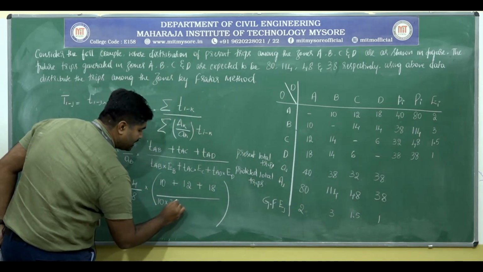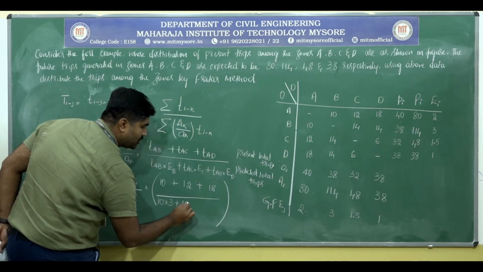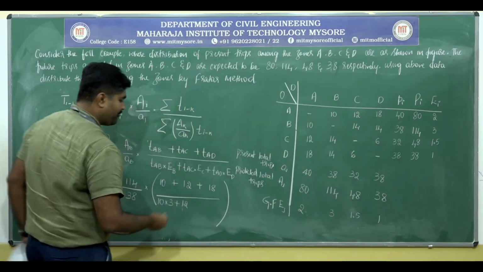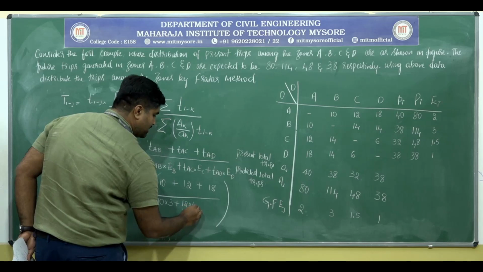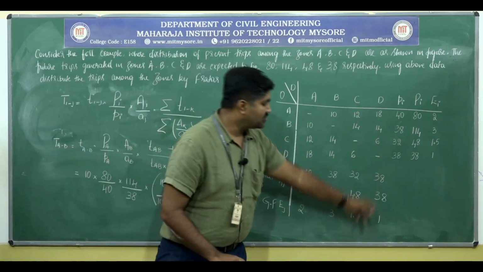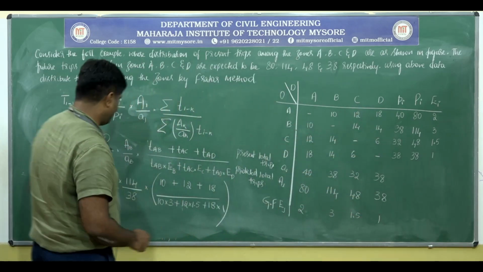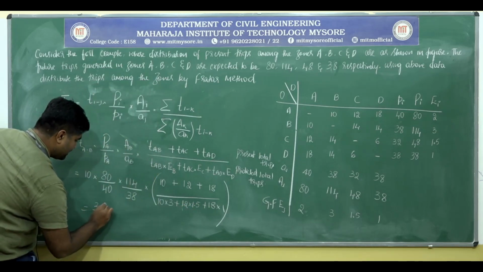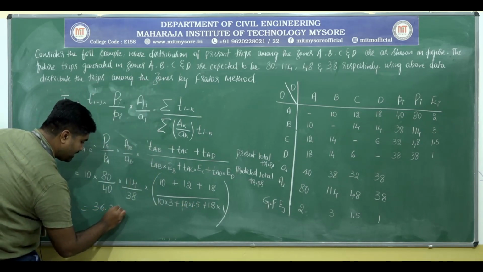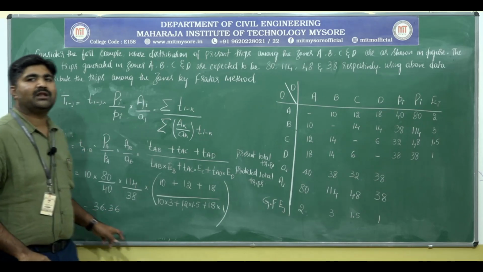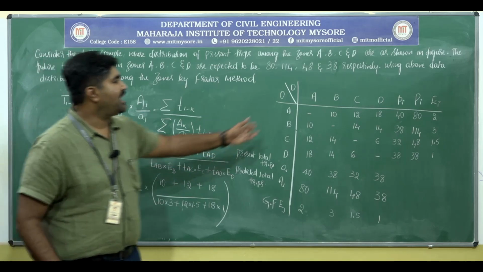So 10 into 3 plus 12 into this growth factor, 1.5, plus 18 into 1, this growth factor E D. Use the calculator and find this value. You will get 36.36.